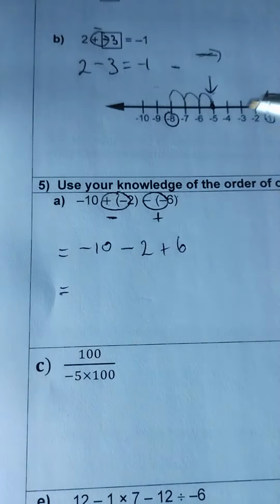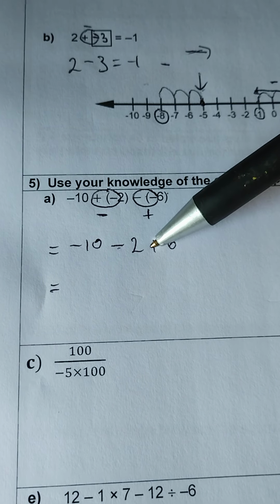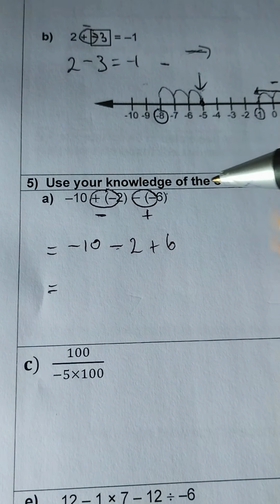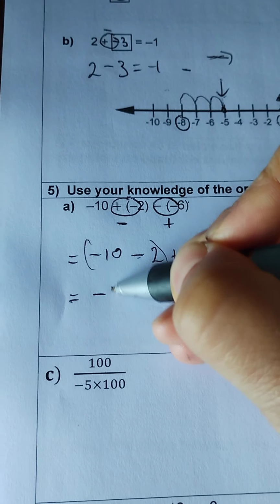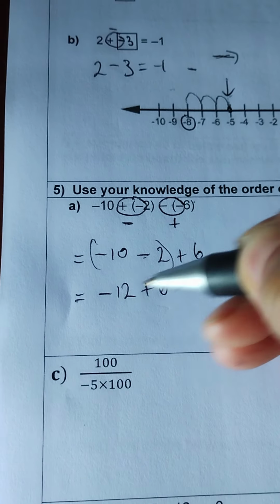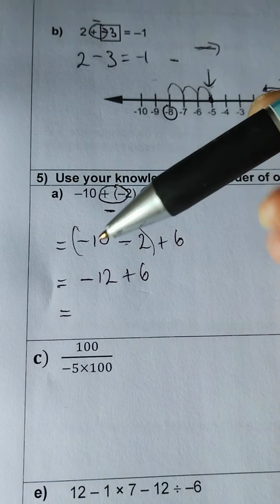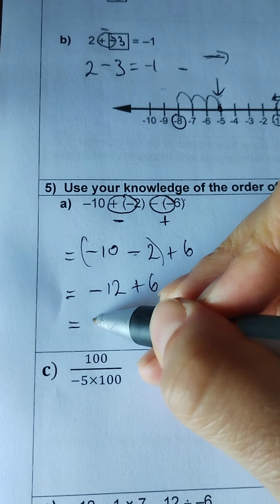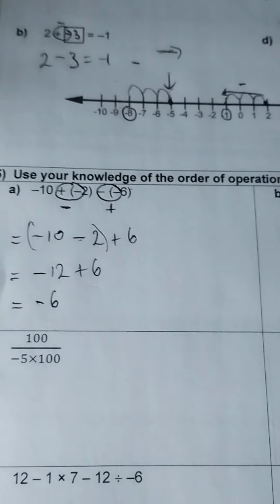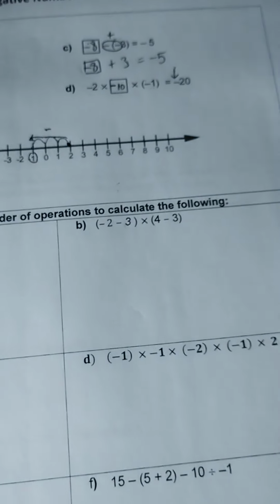Now we work from left to right because we are subtracting and adding. They are equal operations, left to right. So that means -10, take away 2 first. That gives me -12 plus 6. Use a number line if you need to. -12 plus 6, I head in the positive direction. That leaves me -6.